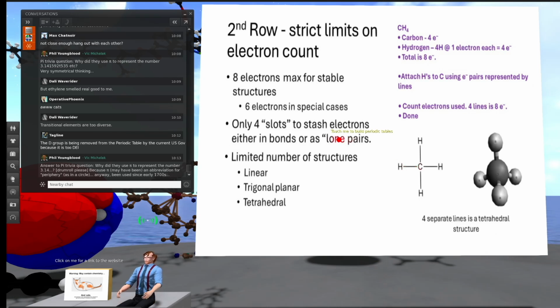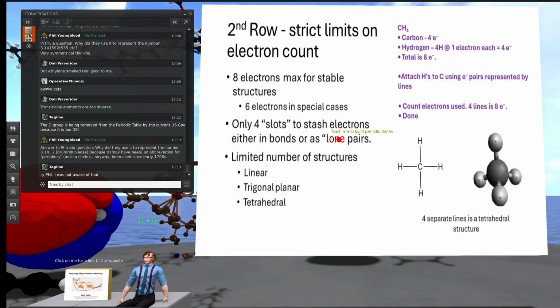But we can also have things called lone pairs, where it's a pair of electrons that an atom just keeps to itself. Right? Like Gollum, it's with the 1 ring, right? It's the precious.